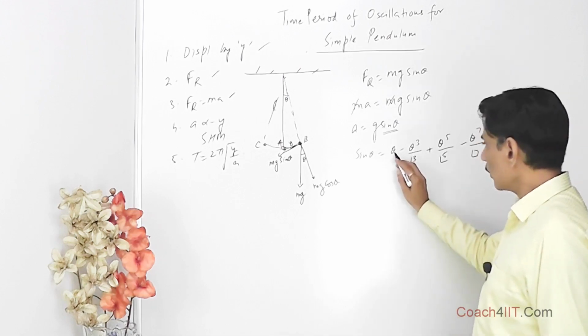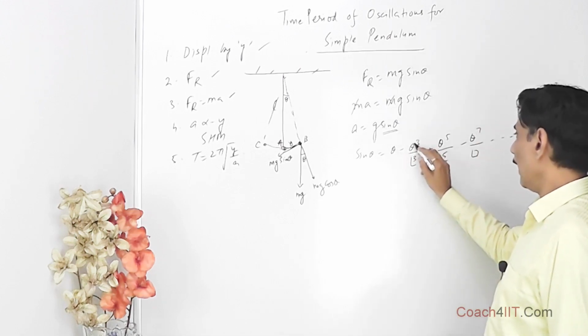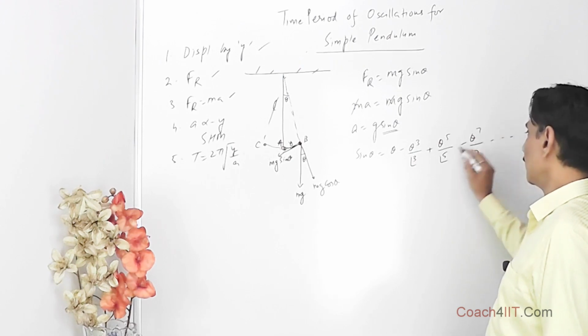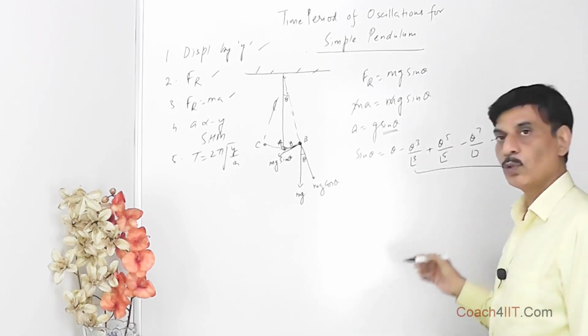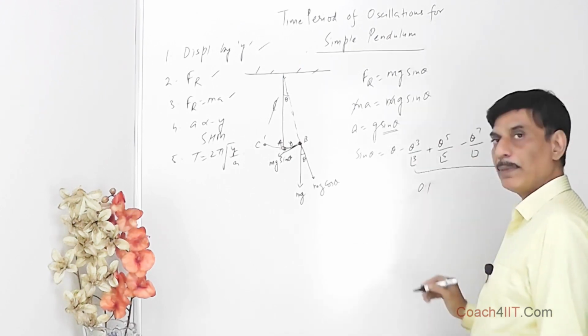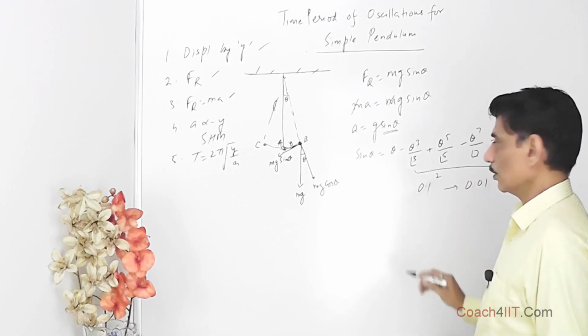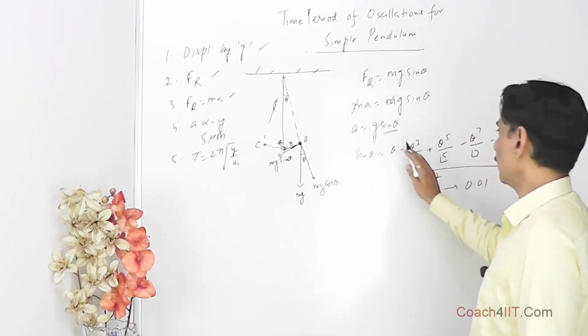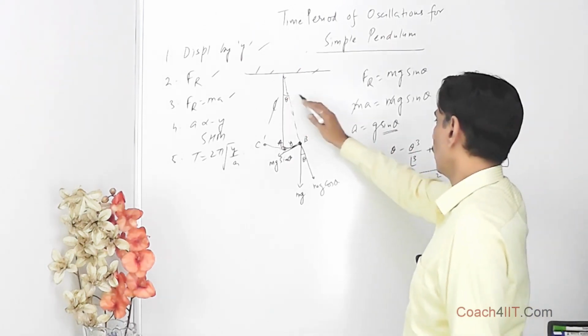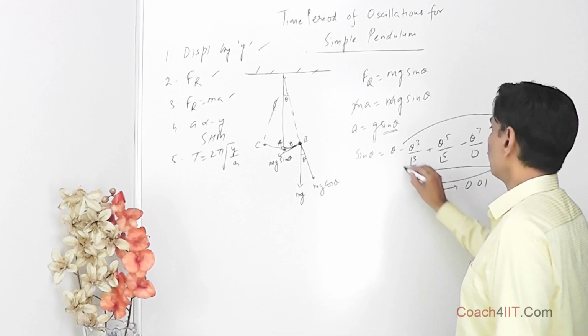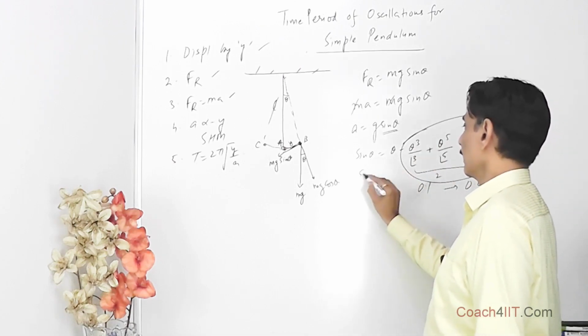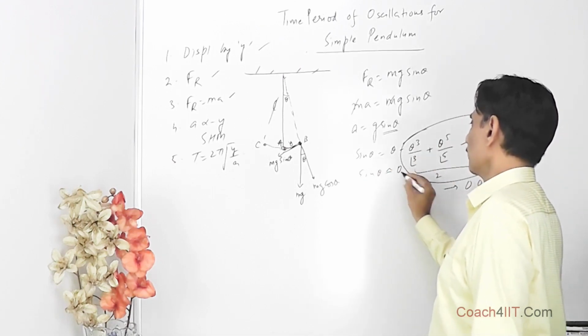If theta is very small, these higher powers, theta cubed, theta to the 5, theta to the 7, will become almost negligible. 0.1 may be small and its square is even smaller, 0.01. So we can very safely, in this case where theta is very small, neglect these higher powers of theta and say sin theta is approximately equal to theta only.